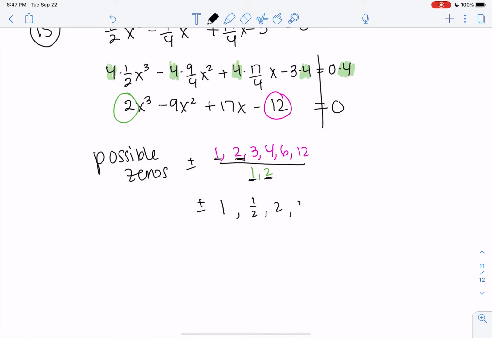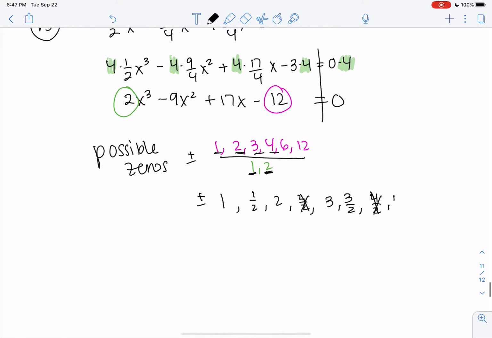We've already included it, so I'll just cross it off. That's 1. 3 over 1 and 3 over 2. 4 over 2 is 2, so we've already counted that. 4 over 1 we haven't counted. 6. 6 over 2 is 3, already counted, and then 12 and 12 over 2, which is already counted. So we get some duplicates.